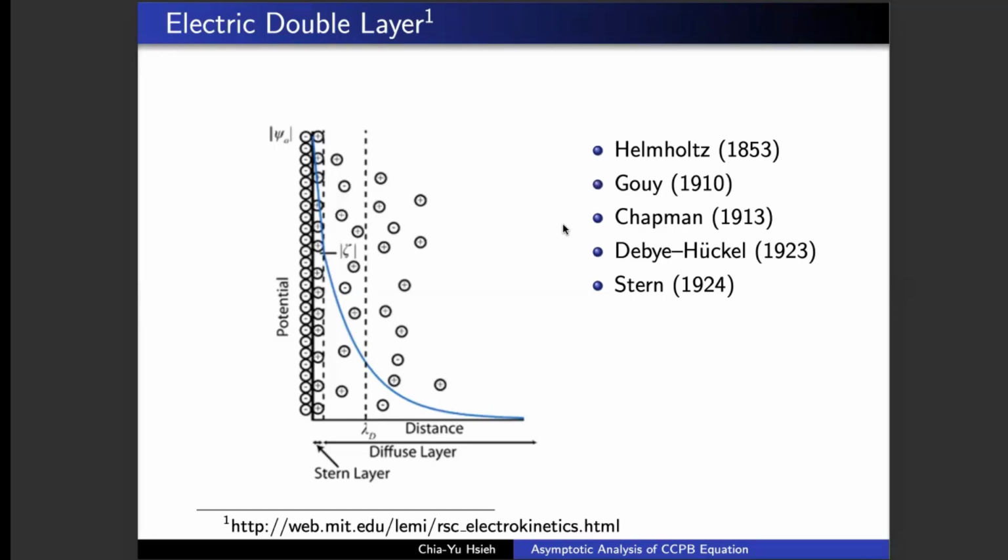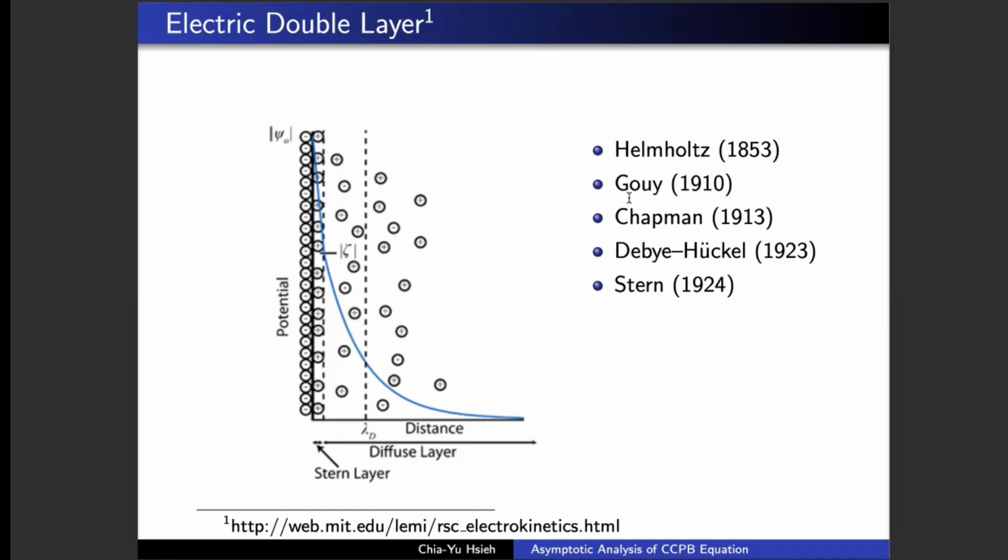Such a phenomenon was observed, and models were proposed very early, from Helmholtz in 1853. He proposed the first model about the ion layer. He considered that there will be some ions absorbed firmly to the boundary, and the number of the ions is linearly dependent on the voltage applied.